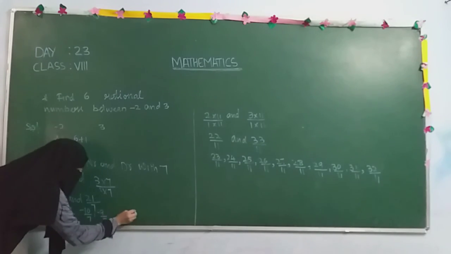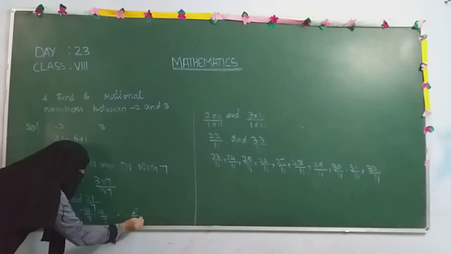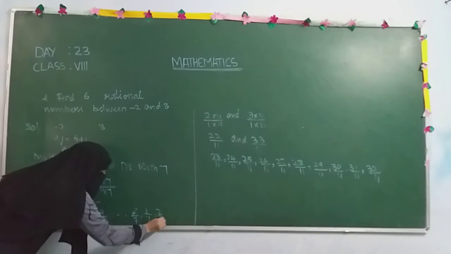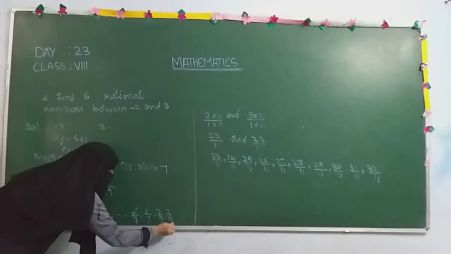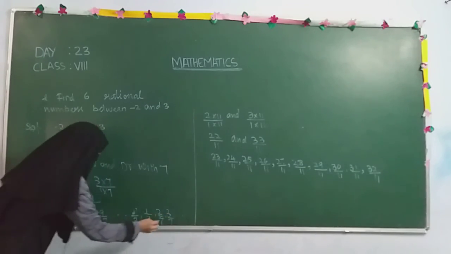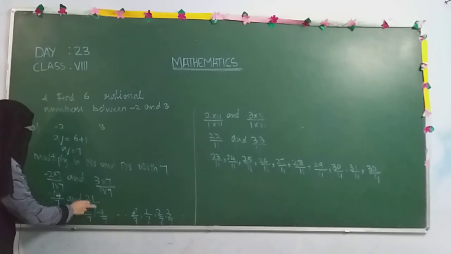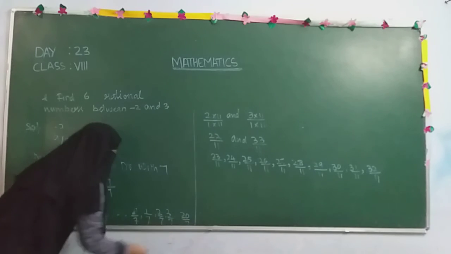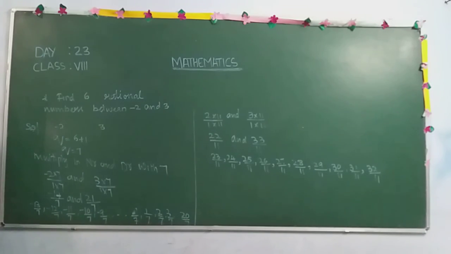Then 0 by 7, 1 upon 7, 2 upon 7, 3 upon 7, and so on up to 21 upon 7, so we need to write up to 20 upon 7. Now you find there are many rational numbers between the two given rational numbers. Among these you can choose any 6 and write them. Therefore the 6 rational numbers between minus 2 and 3 are these.